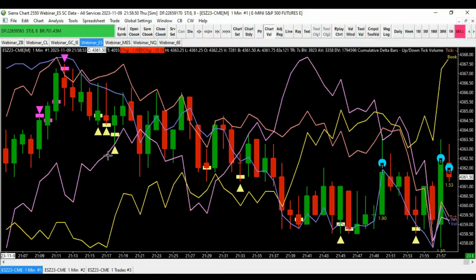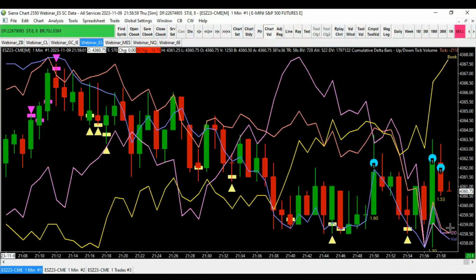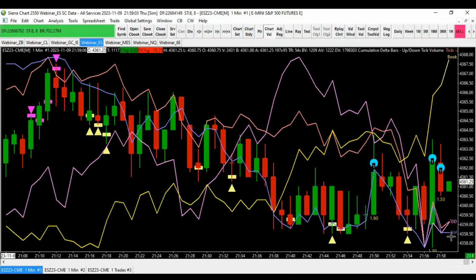Yes. So this messy looking chart is what we've got in here. The yellow line is the book. Then we've got the tick delta, and the volume delta in blue, and DD is the delta difference between the tick and the volume delta.